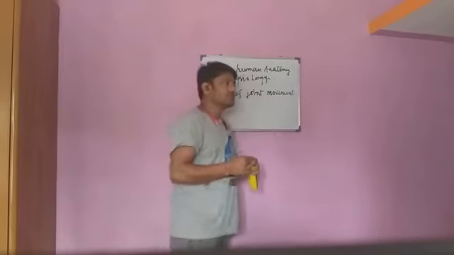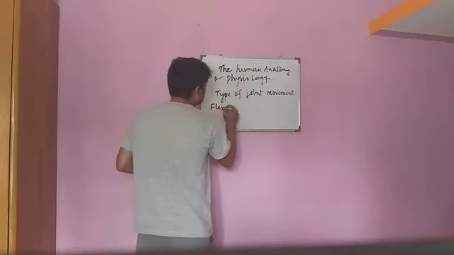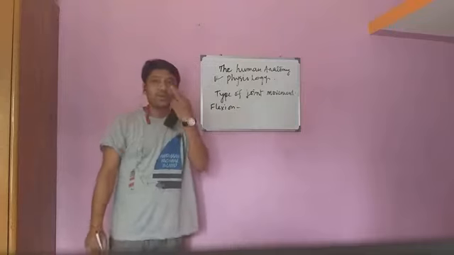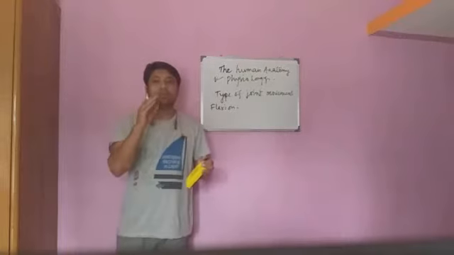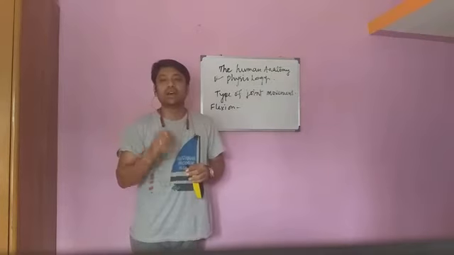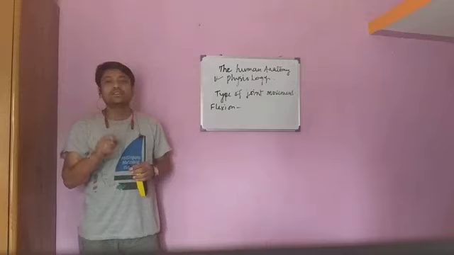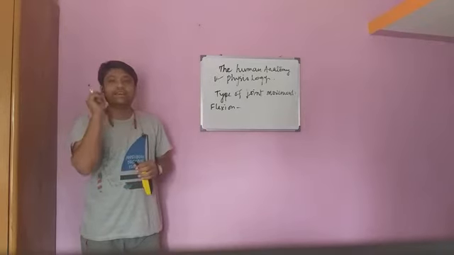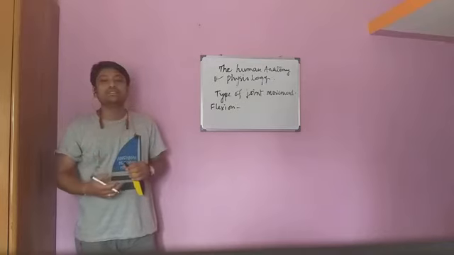So look, students, first of all, flexion. What is flexion? Flexion is bending a joint. This occurs when the angle of a joint decreases.